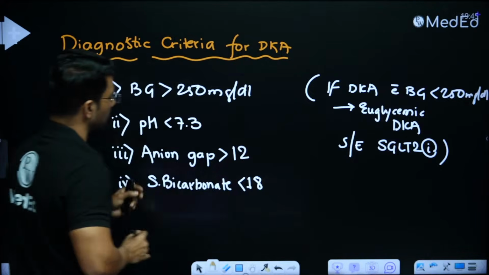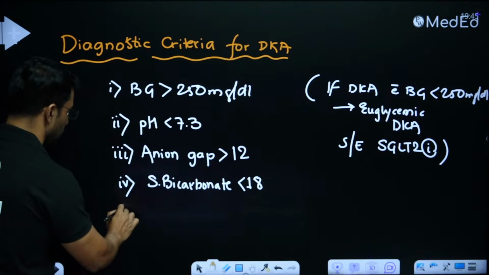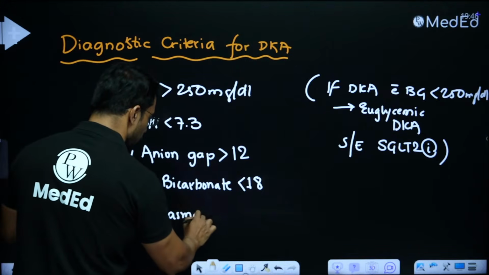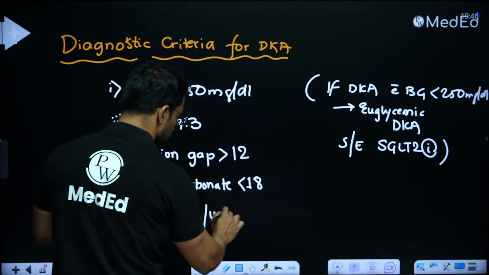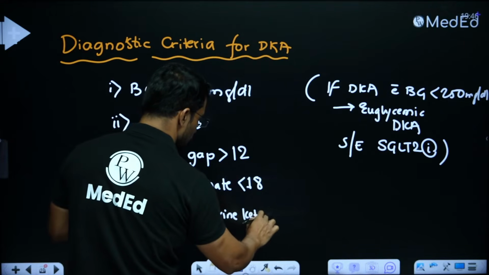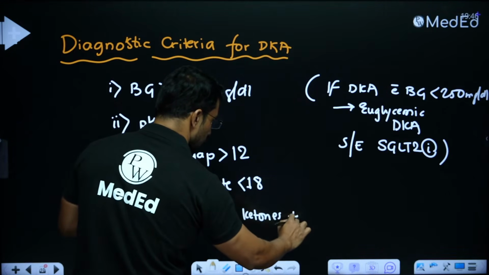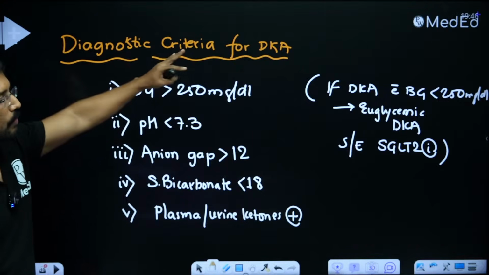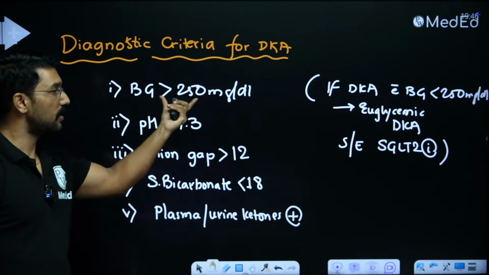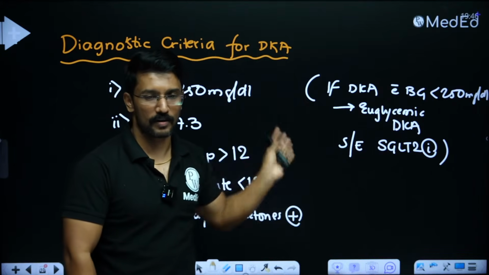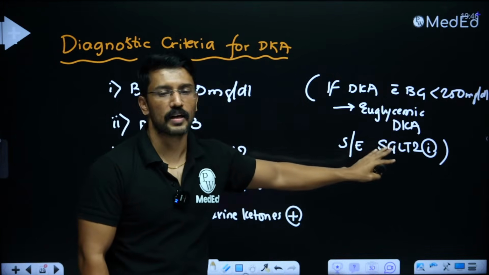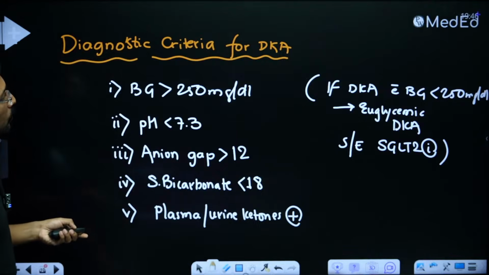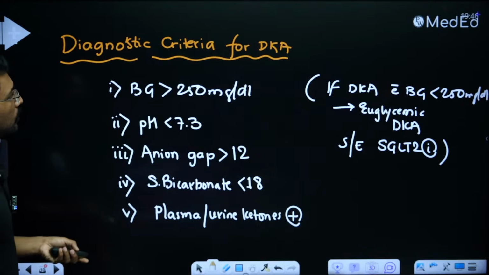The fifth one I forgot to mention: the plasma ketone bodies or urine ketones should be positive. Ideally plasma, but urine ketone positive also can be taken as the criteria. So when these criteria are met, we call it diabetic ketoacidosis. If the first criterion is missing, with blood glucose level, let us say, 180, and all other features are there, then we call it euglycemic DKA, typically more common in patients who are on SGLT2 inhibitors.